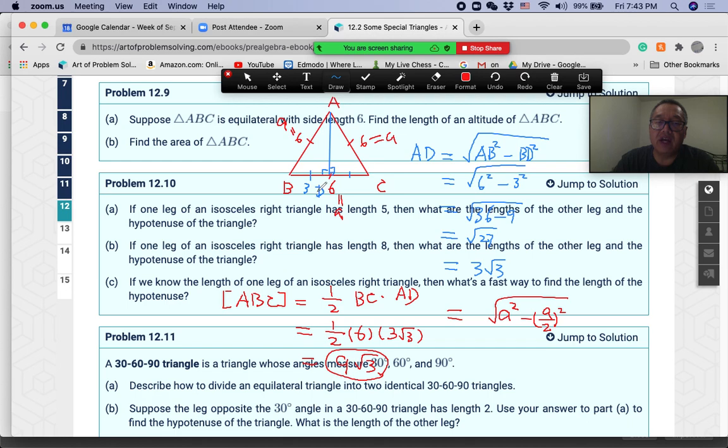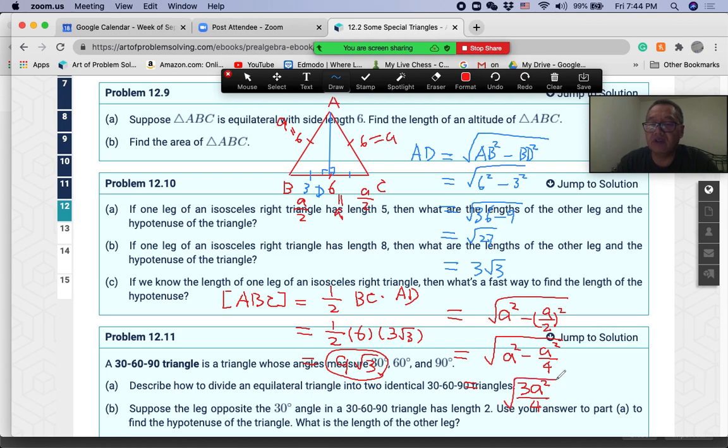So each side is A. Based on that, D also will be the midpoint of BC. We get that BD equals A over 2, and DC also equals A over 2. So then in triangle ABD, we use the Pythagorean theorem. We get the square root of A squared minus (A over 2) squared. So you get the square root of A squared minus A squared over 4, then you get the square root of 3A squared over 4.